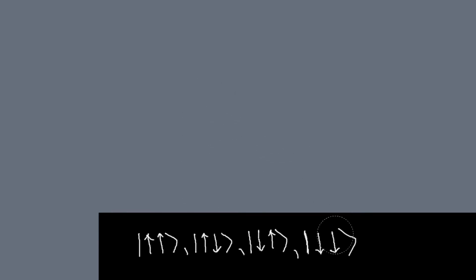This basis is based on those measurements. So you can measure these z components of both particles and get either both up, one up one down, one down one up, or both down. And so that naturally leads to these 4 basis states.